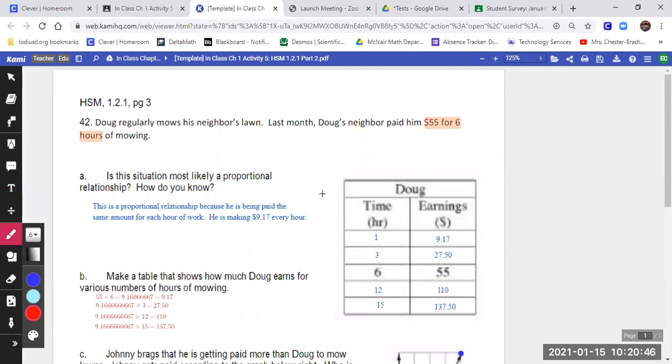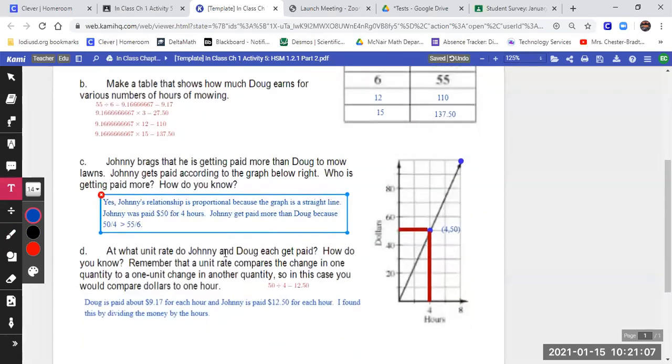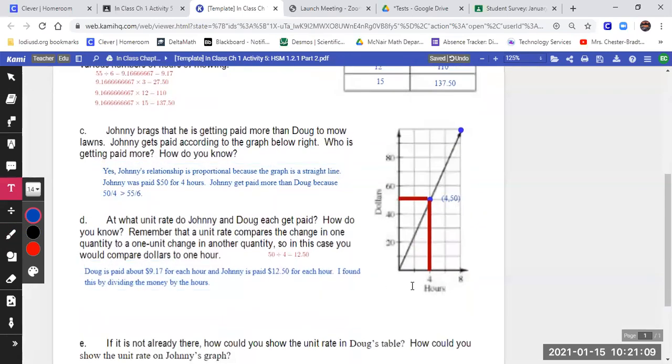In Doug's table, is there a 1 hour number? Yes. Okay. It's right here. Unit rate, right?